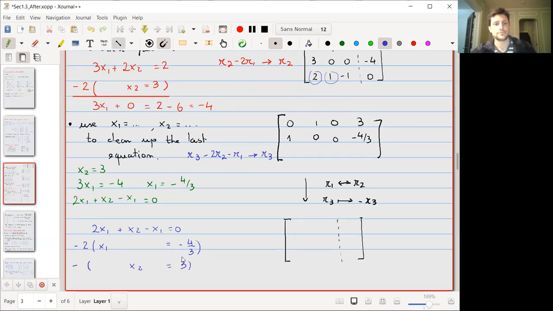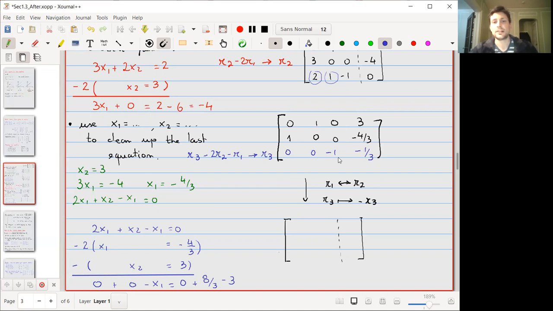When I total this, I get 0 here, 2x1 minus 2x1, plus a 0 here, x2 minus x2, minus x3 is equal to, and when I total the other side, I get 0 plus 8/3 minus 3. Let's write that at the level of the augmented matrix here. That's 0, 0, minus 1, and 8/3 minus 3 is minus 1/3.